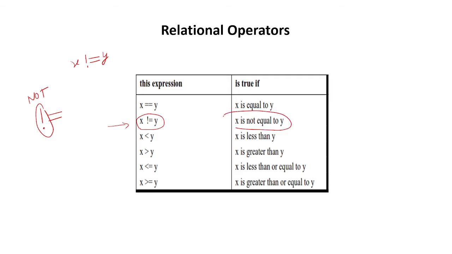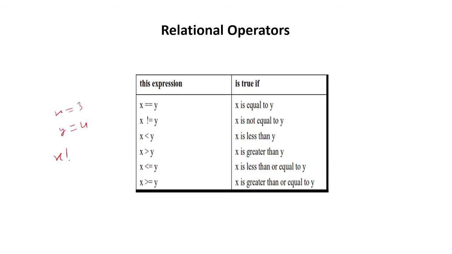You can read it here: x is not equal to y. Means if x is 3 and y is 4, then we can say x is not equal to y. And the third one is the less than operator, which checks the condition that x is less than y.